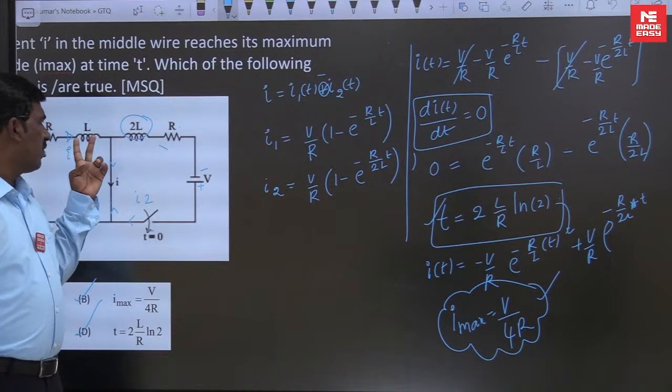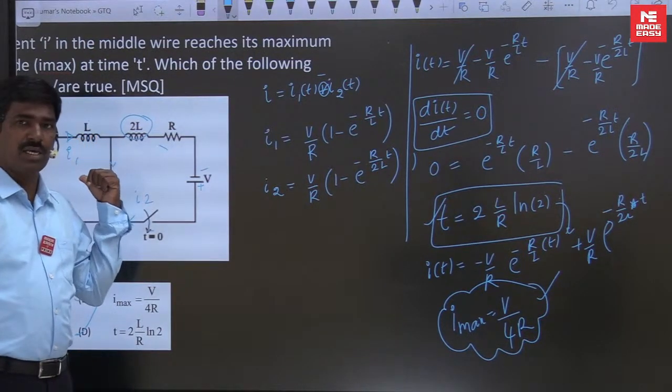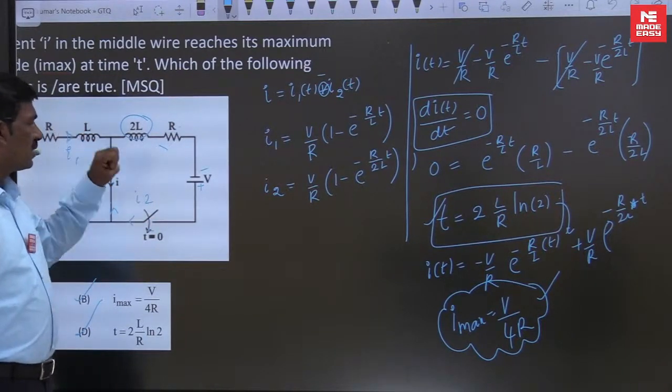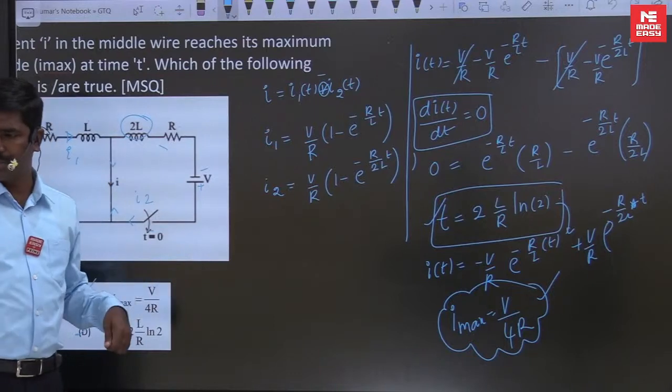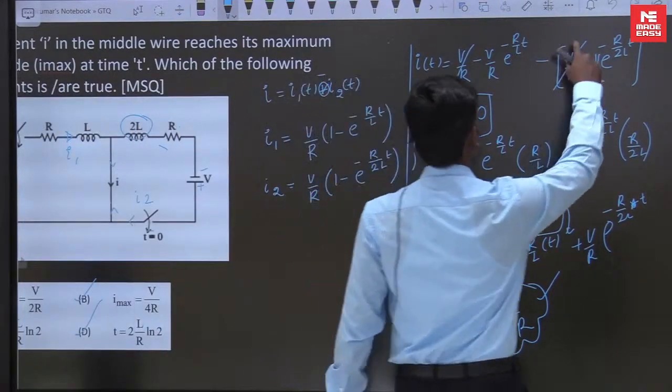In steady state, L is short circuited for DC. The supply should be DC and a step. In steady state, the inductor is short circuit and the capacitor is open circuited. Okay, right. Now move to the next question.